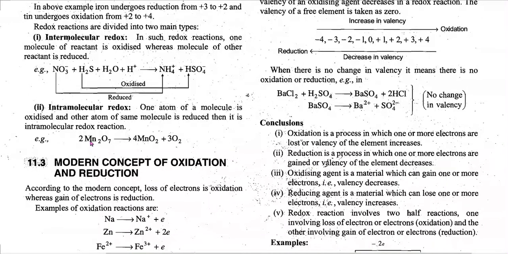So manganese is oxidized and the oxygen atom is reduced. Such reactions in which two different atoms of one molecule get oxidized and reduced are called intramolecular redox reactions. Okay.